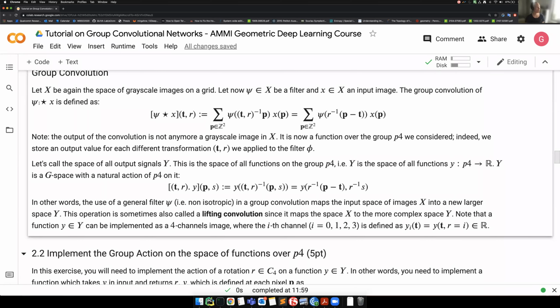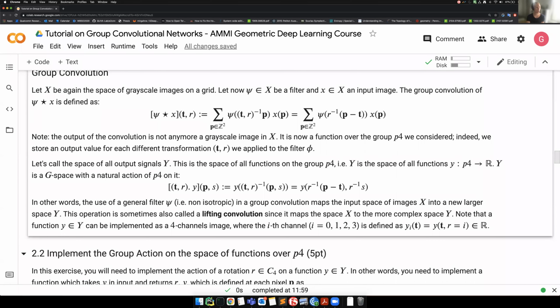Here in the group convolution, we actually do not only translations, but also rotations. So the output of our convolution is going to be a number for each possible transformation, translation and rotation, TR, that we apply to our filter. And then it's basically just this equation.